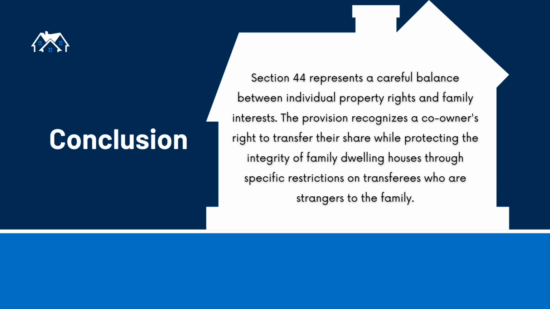As we conclude today's lecture on transfer by co-owners, please remember that Section 44 represents a careful balance between individuals' property rights and family interest. The provision recognizes a co-owner's right to transfer their share while protecting the integrity of family dwelling houses through specific restrictions on transferees who are strangers to the family.